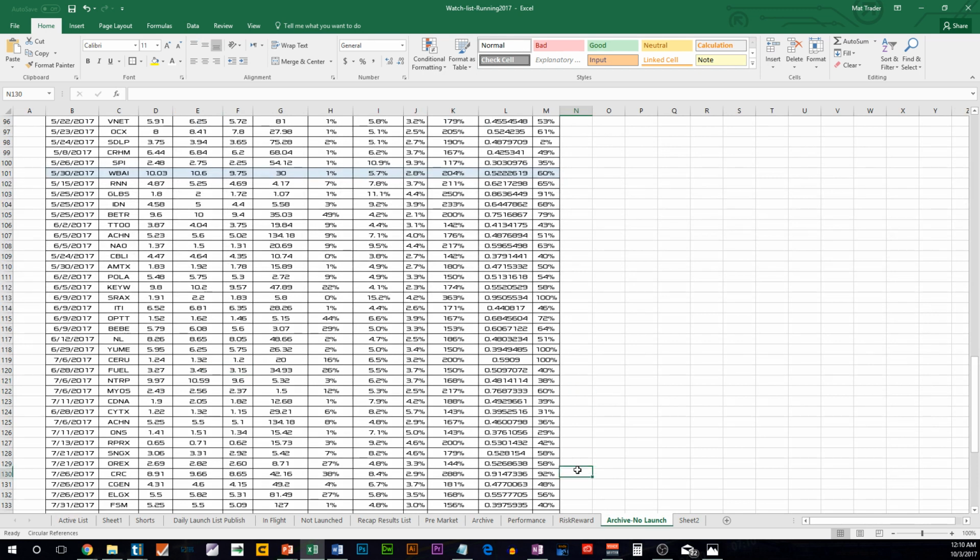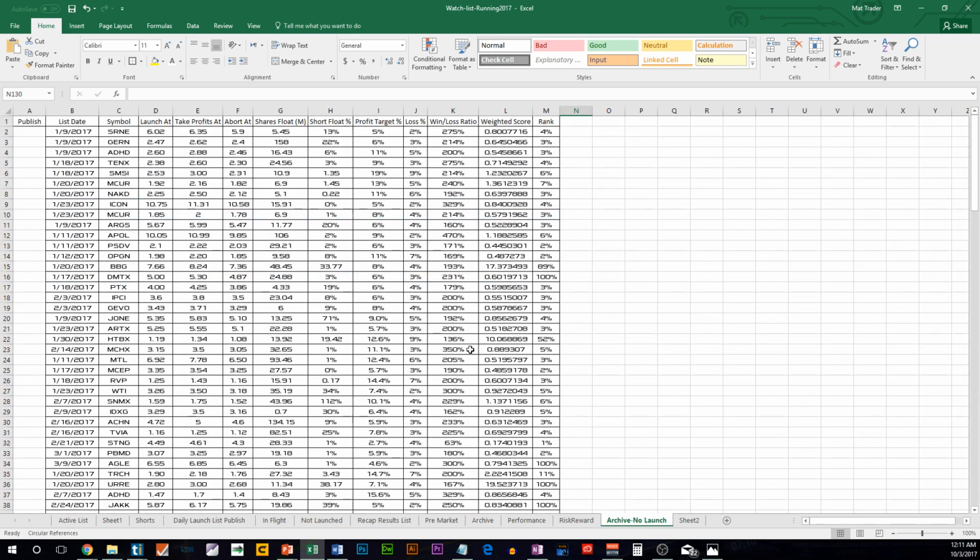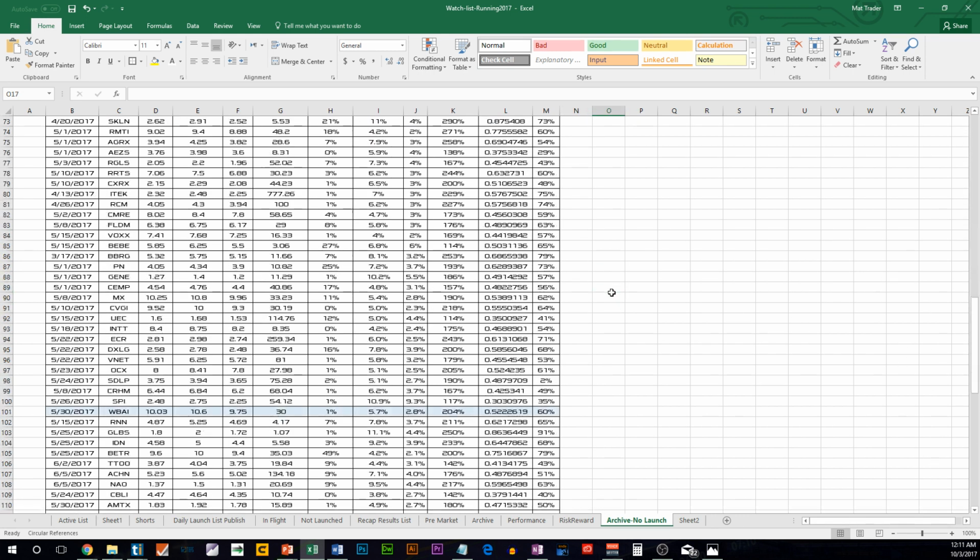These are stocks that, just like the case of FLXN right now, went on the launch list, but they never triggered, and the pattern started breaking down, so I take them off. So every week I go through that, the stocks that never triggered and are also departing from the entry price, I just remove them and put them somewhere else. So I put them in this spreadsheet.